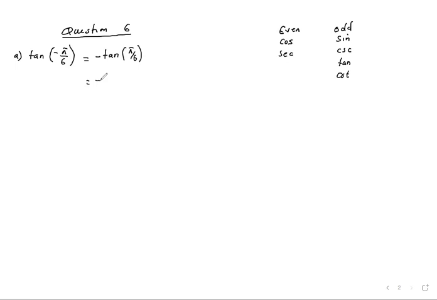You can get using the triangles. If you've forgotten the triangles, using the table. So we know that this is going to be half over 3 over 2, meaning it's negative 1 over 3.